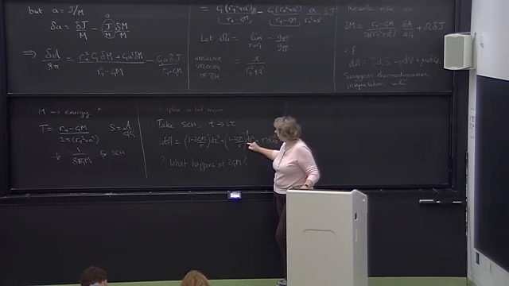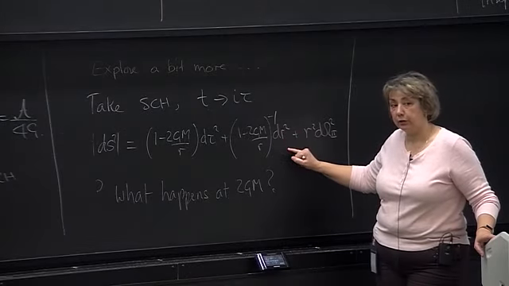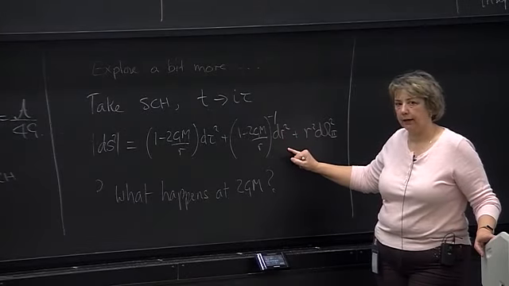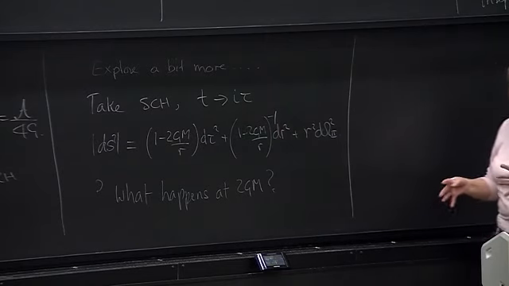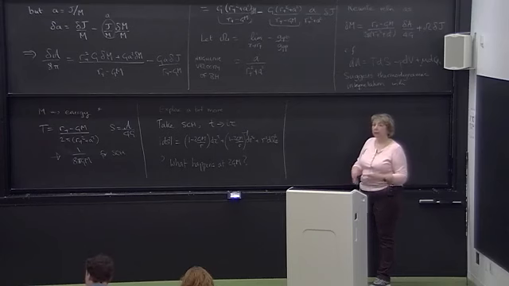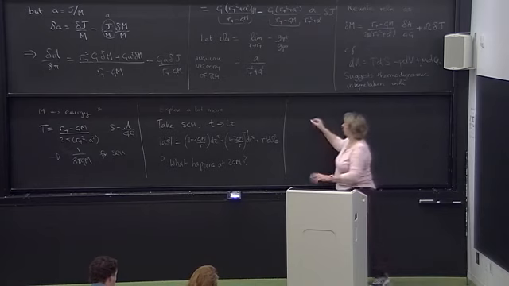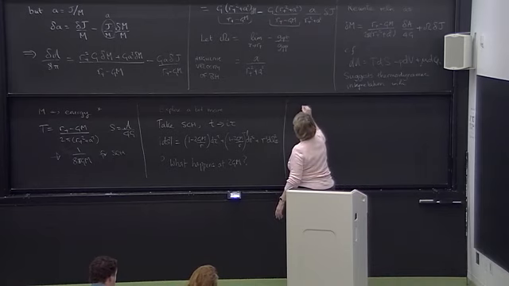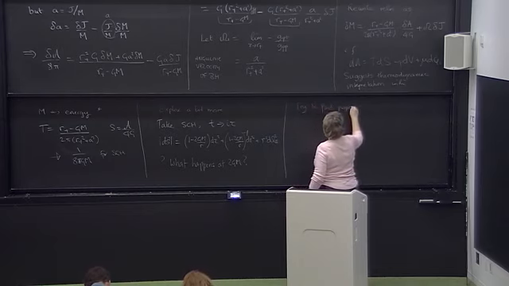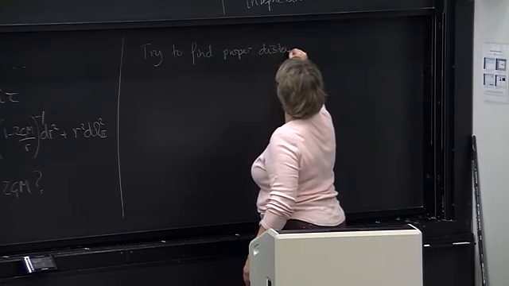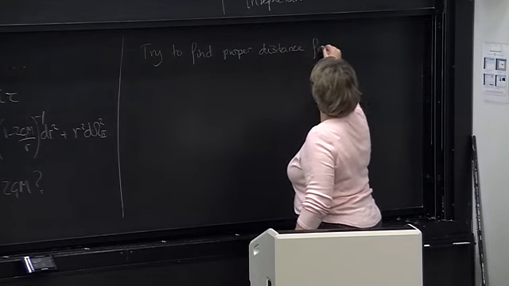So here we've got dr over the square root of 2GM, all squared, as r goes to 2GM. So I can instead think of that as a proper distance. I can integrate that up. So let's try to find a proper distance from 2GM.